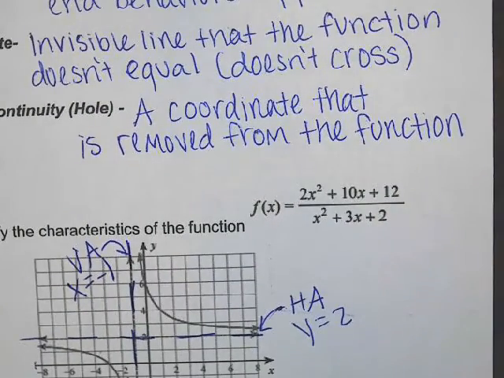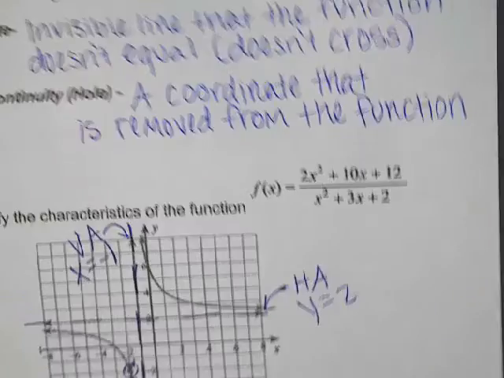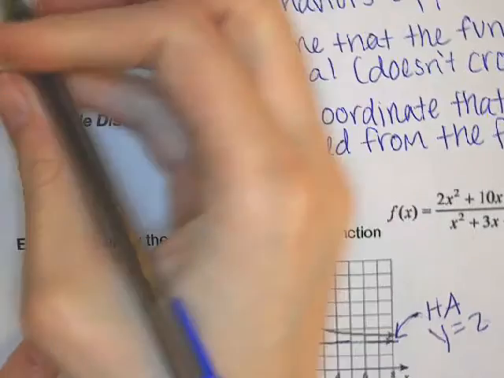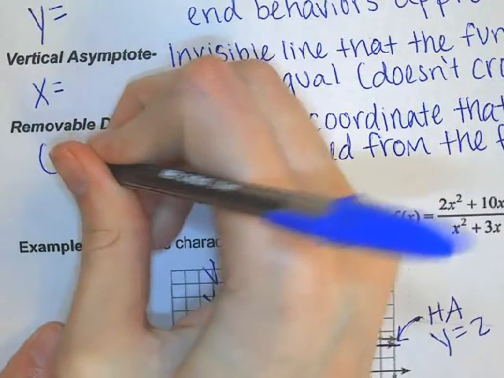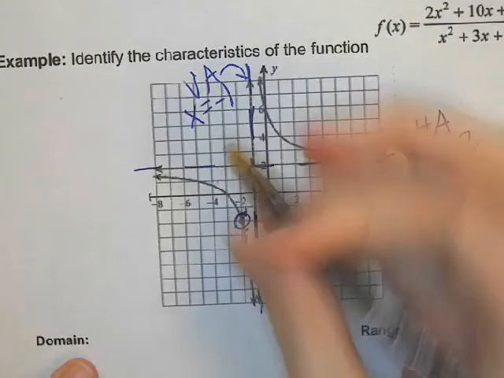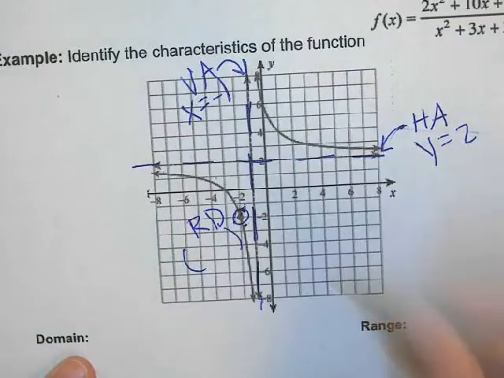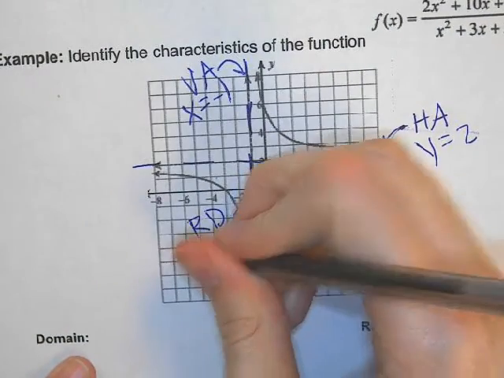No. You would use a coordinate. And coordinates have two numbers, an x and a y. Very good. So we know that we would have a coordinate x, comma, y. So let's go fill in what would be our removable discontinuity for this one. What is this coordinate? -2, -2.